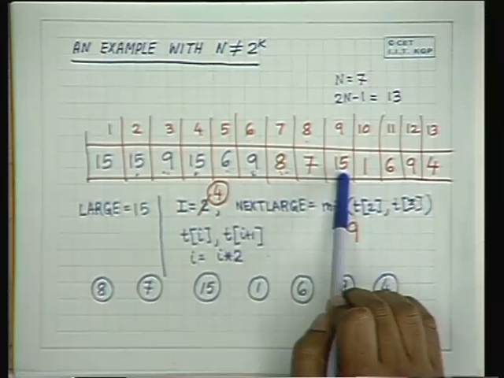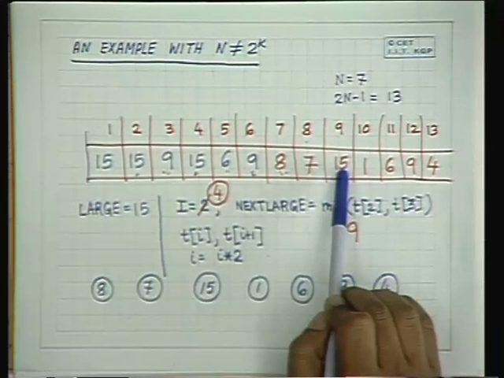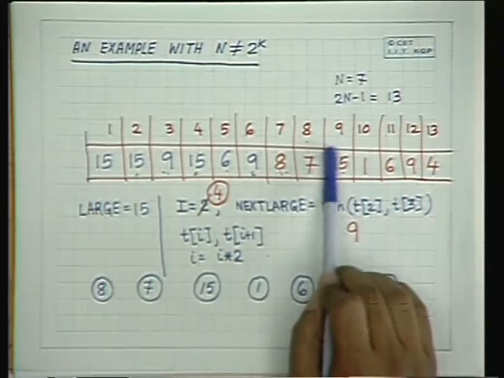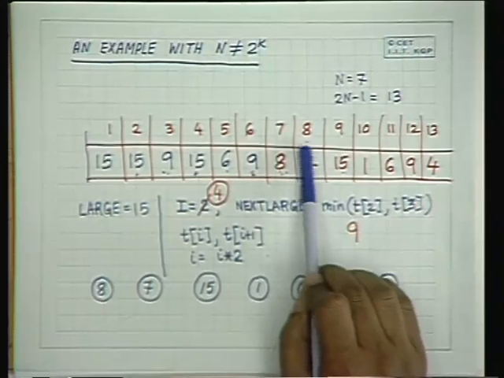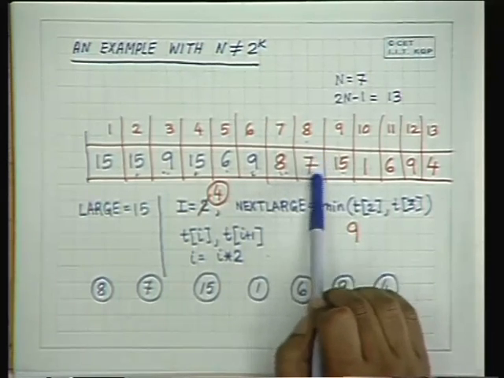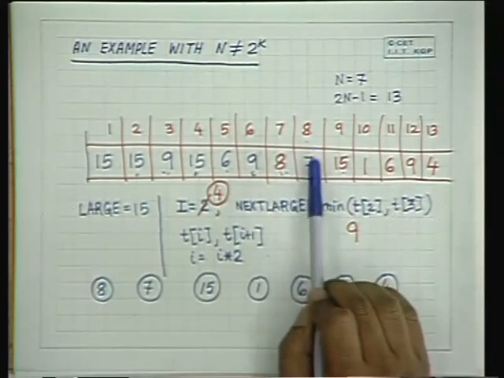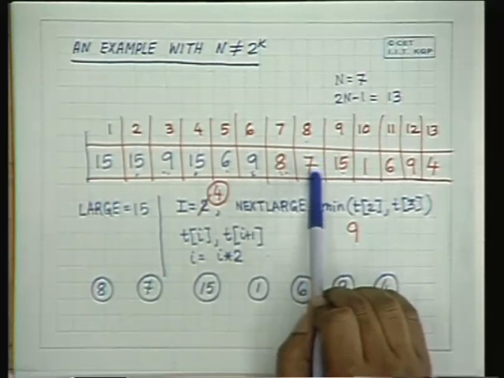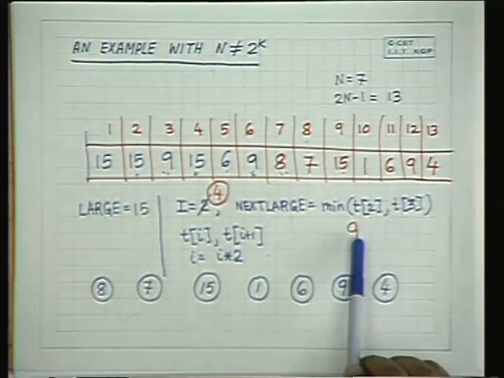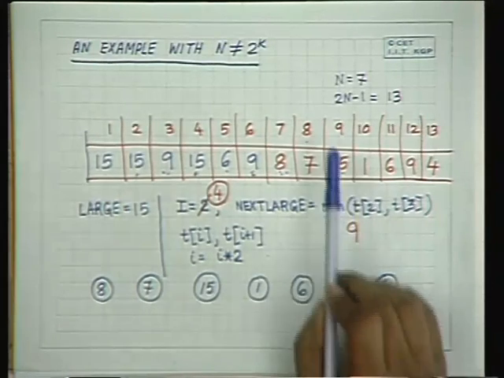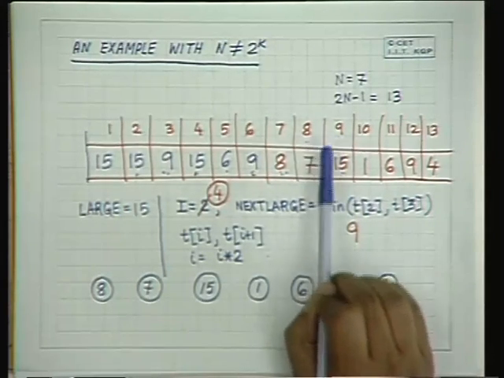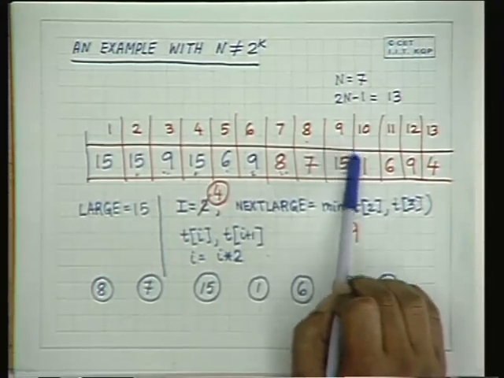Again we find the larger one, and the element which lost to it, that is 7. Since this element lost to it, it is compared with the tentative second largest, and this tentative second largest remains 9. Again the larger of the two is 15.